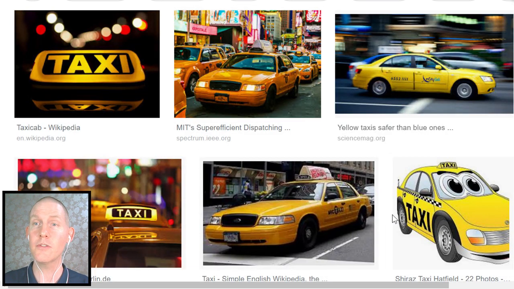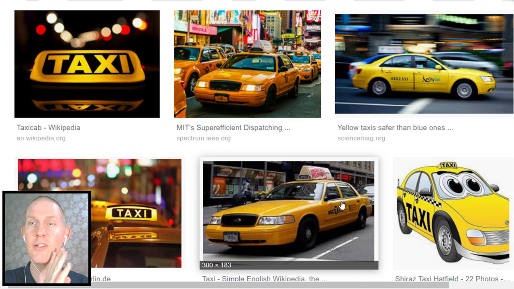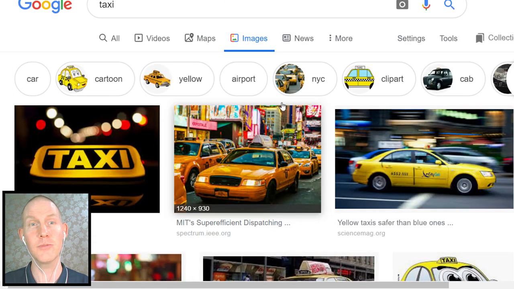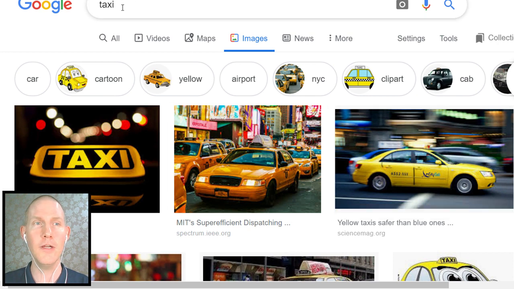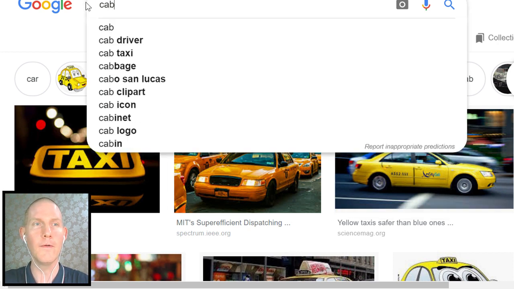It's common that they're yellow. They don't like Uber very much, because Uber steals their business, and in my opinion, Uber often offers a better price at a better quality and nicer conditions. But okay, so that's a taxi, right? Let's put in a cab.